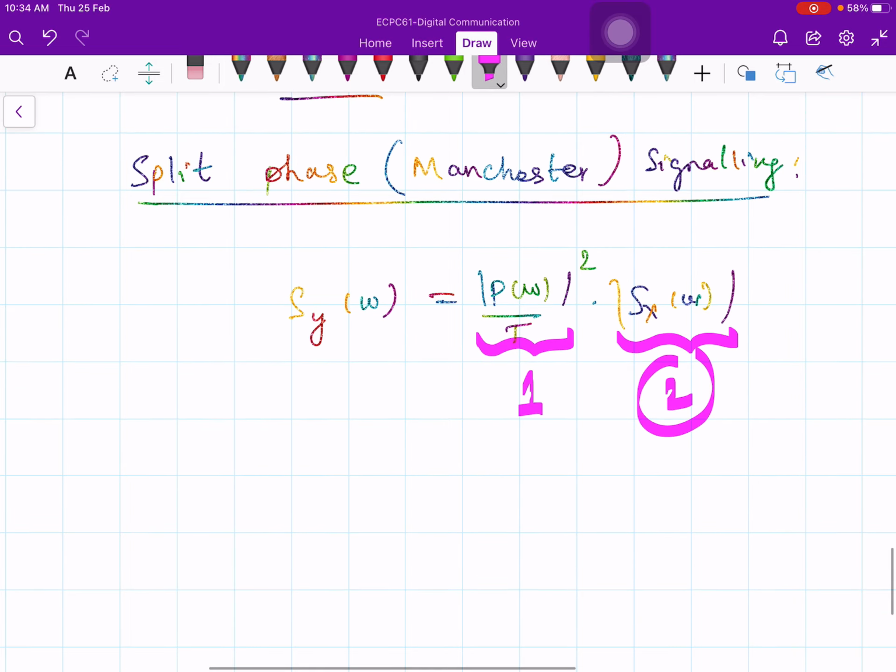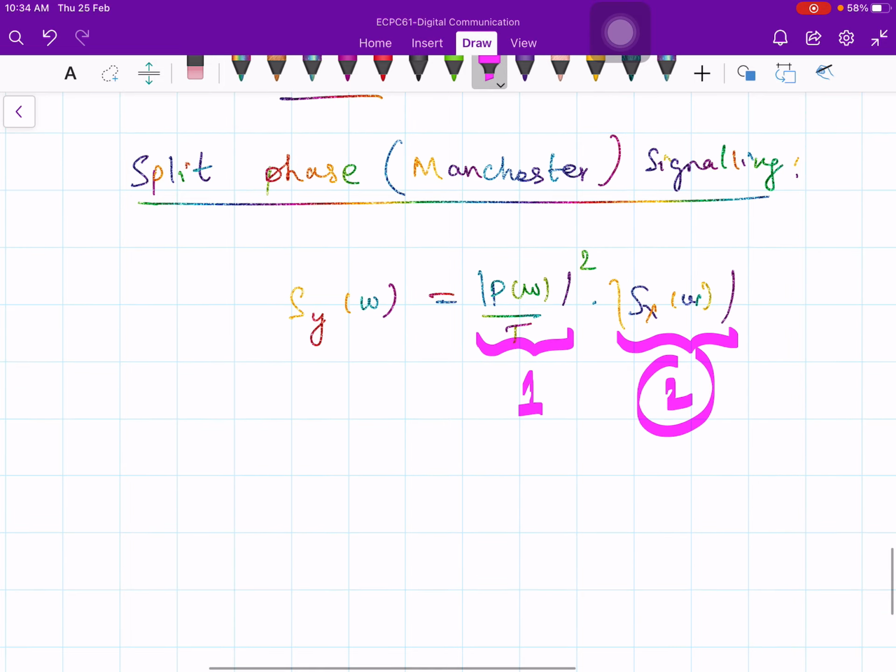Now the first part is contributed by the pulse shape. If P of t is a rectangular pulse like this, then P of omega is going to be a sinc function like this. So the output spectrum is split into two parts: one is P of omega and the second one is Sx of omega.